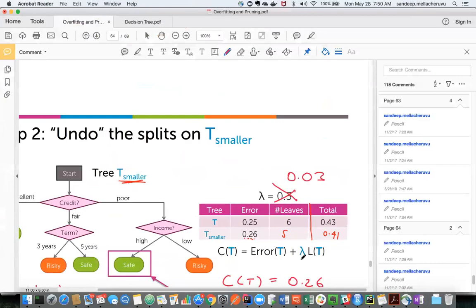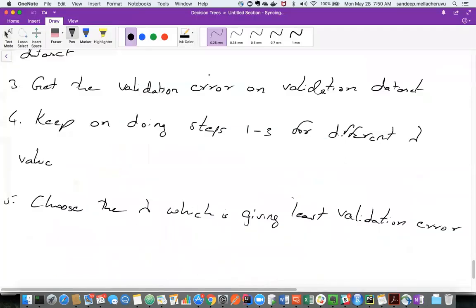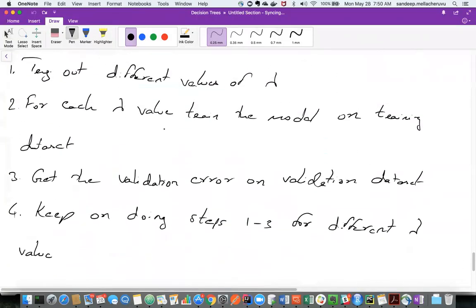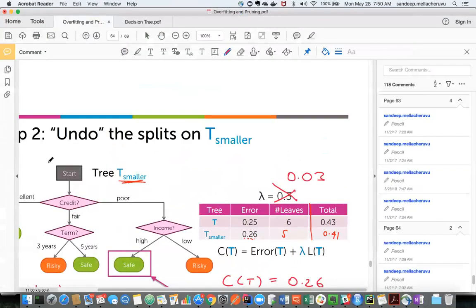Pruning is also part of the training. That's what I mentioned, right? For each lambda value, train the model on the training data set. We're still training. Training means you grow the tree to the maximum extent and then prune. Both of them together is a component of training.